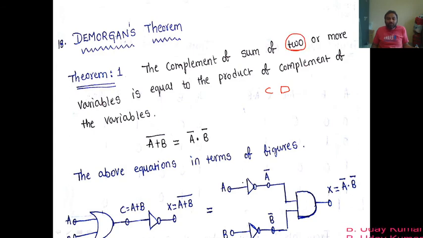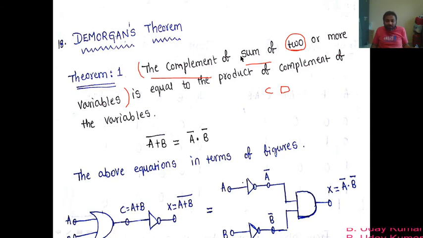So now please check it out. I am trying to convert this entire statement into mathematical forms. From here to here, the complement of sum of two or more variables, right? We have this statement. Those variables I have taken as C and D. So these are the two variables. Now observe this one.